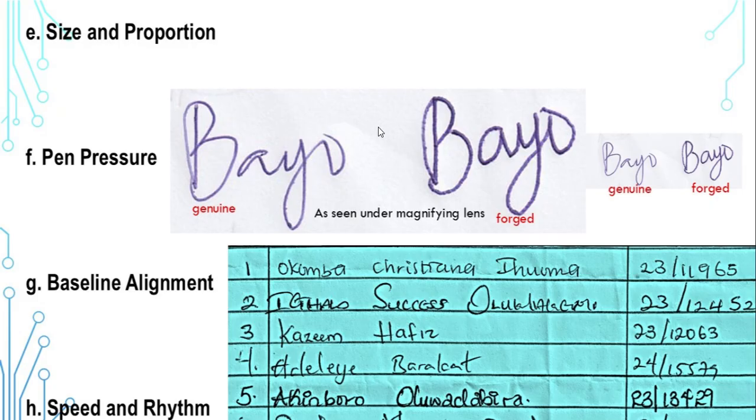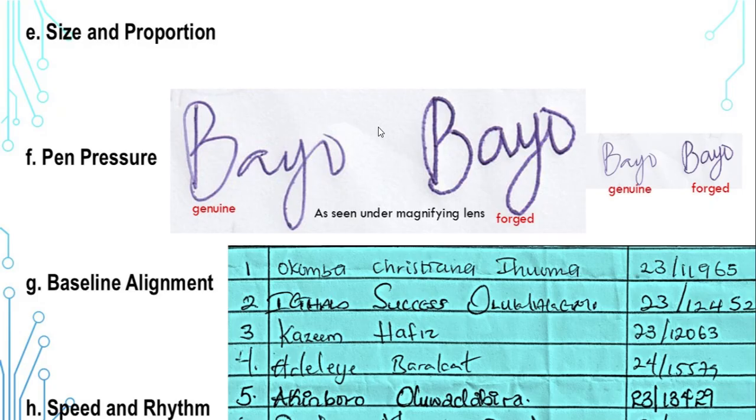One of them I mentioned the other time, the pen pressure. When you see variation in pressure on the writing, you can say that the writer writes speedily.